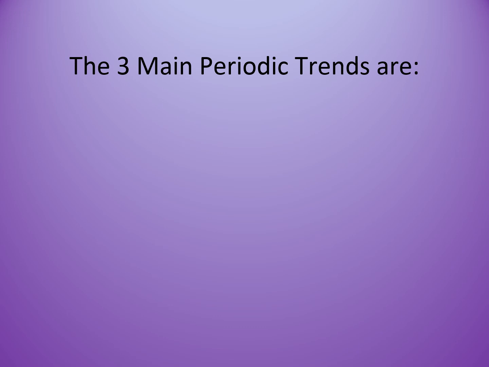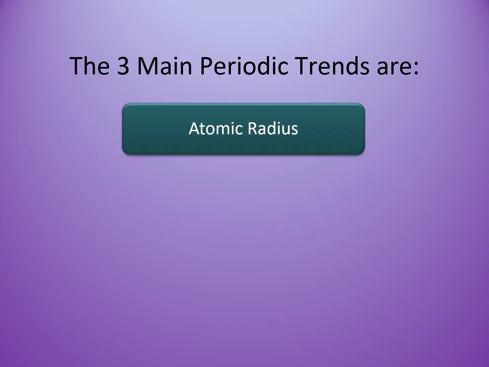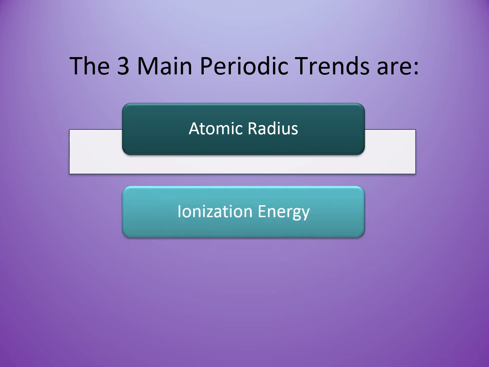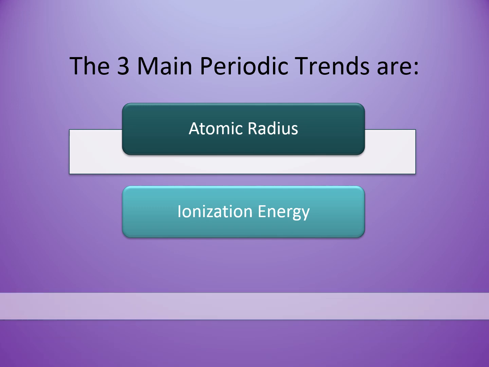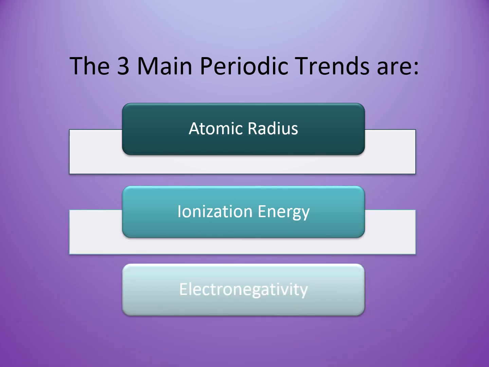The three main periodic trends are: one, atomic radius, where we're going to discuss radius across the period and down the group. Second, ionization energy across the period and down the group. Last one is electronegativity, the variations across the period and down the group.